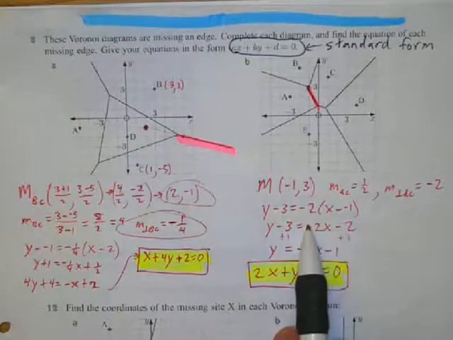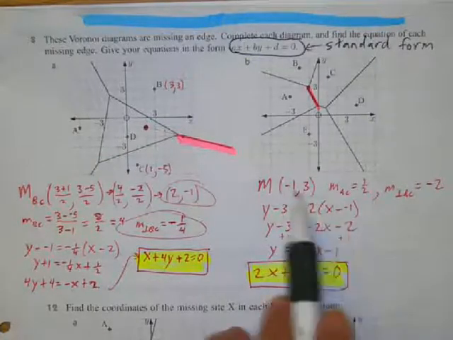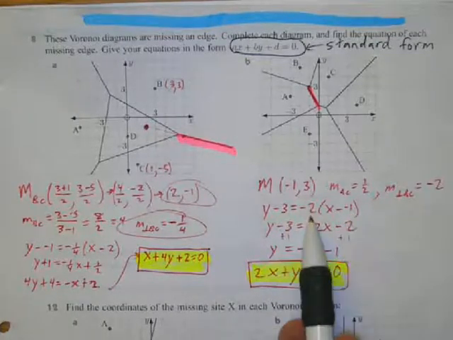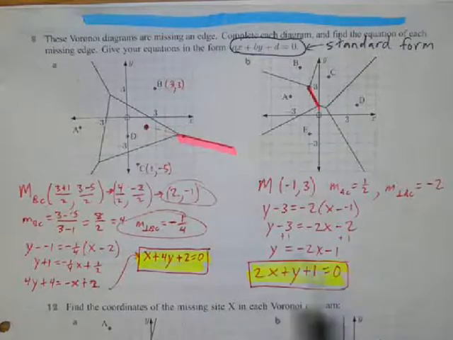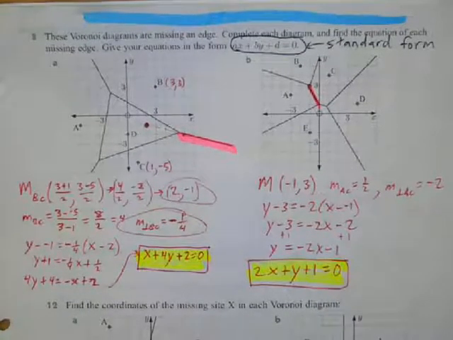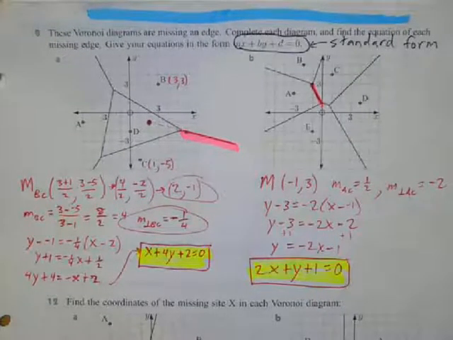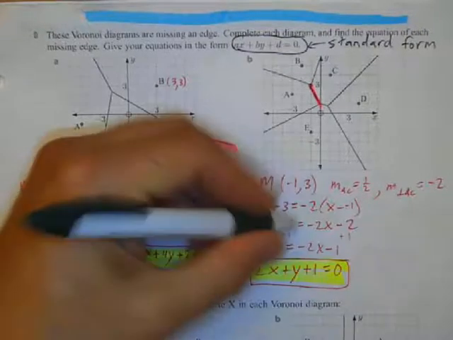Plug a -2 in there, put in the point, 3 in for the y, -1 in for the x, distributive property with the 2, add 3 on both sides.